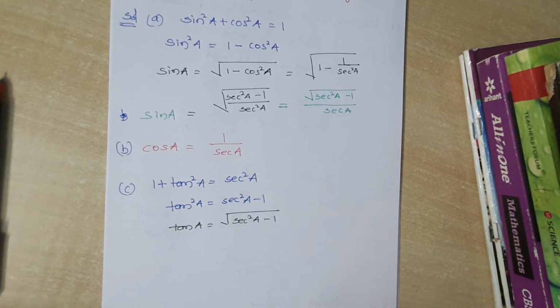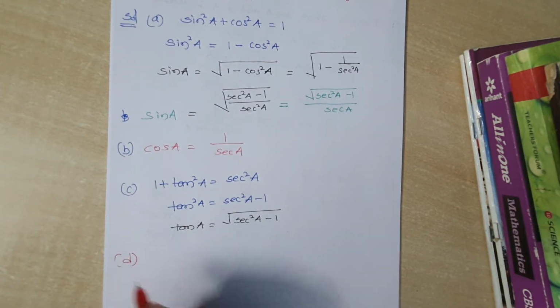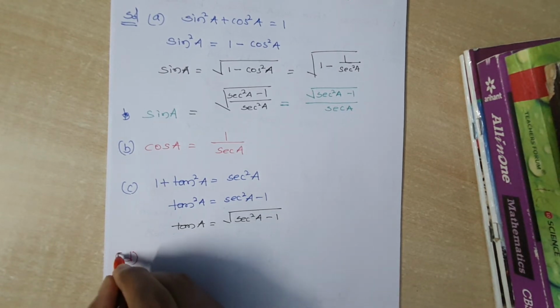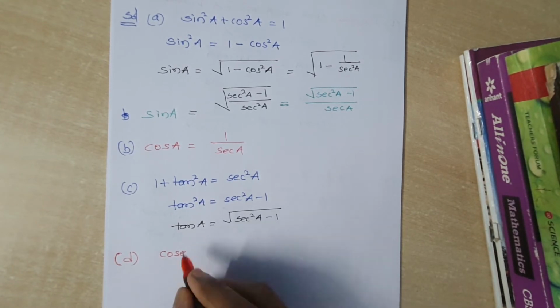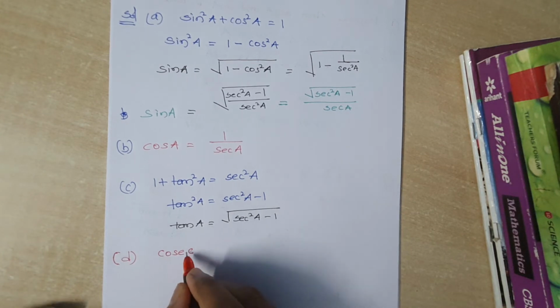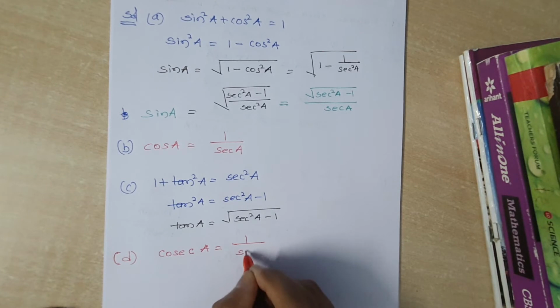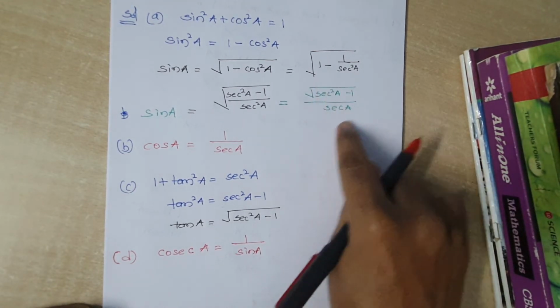Now next one, cosec. How to convert cosec in terms of sec? Cosec A is equal to what? 1 by sin A. We know the value of sin A, it means we know what 1 by sin A is.